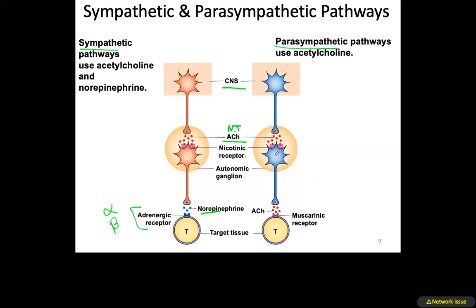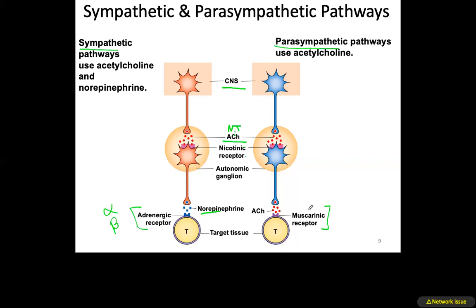On the other hand, when we talk about the parasympathetic nervous system, your postsynaptic neuron, which is this one, is releasing ACH. Again, look at the color coding. You still have ACH as your neurotransmitter. Now, in this case, the receptors on the target tissue are not nicotinic. They are muscarinic receptors.